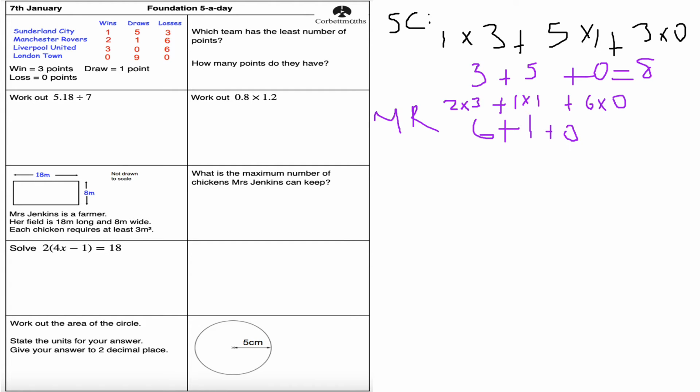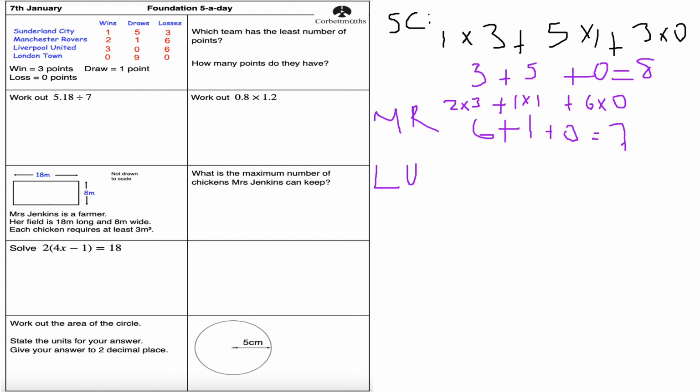Right, last 2 now. Liverpool United, so LU for Liverpool United. It's got 3 wins, 0 draws, and 6 losses. So 0 times 1 is 0 for the draws, and 6 times 0 for the losses is also 0.